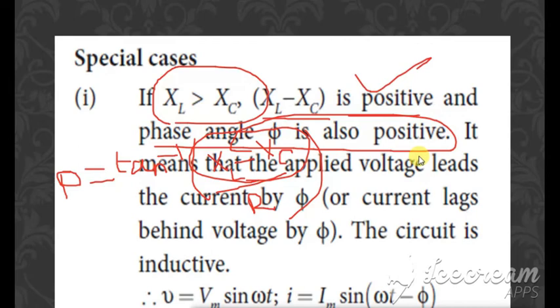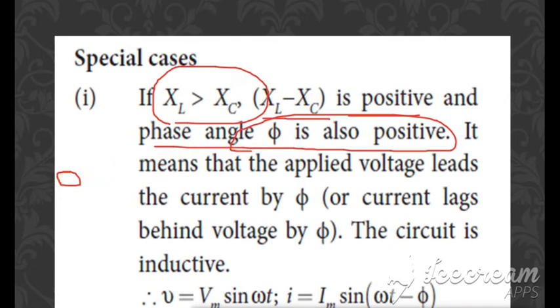So for the circuit with V equal to Vm sin omega t, I is equal to Im sin(omega t minus phi), because the current is lagging. This is the condition when XL is greater than XC.